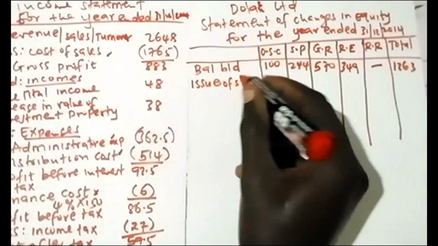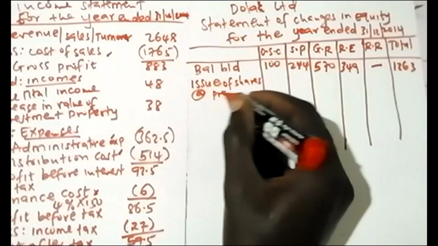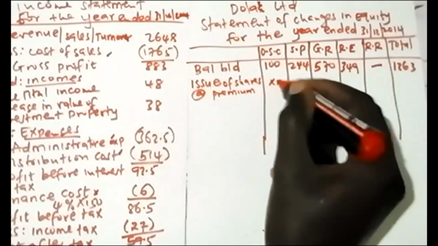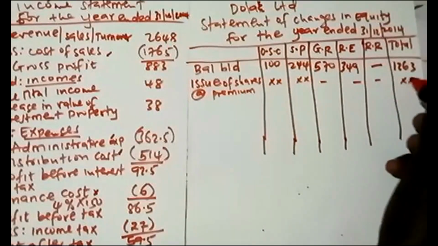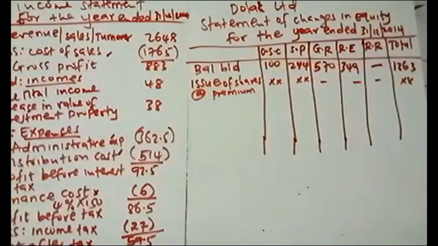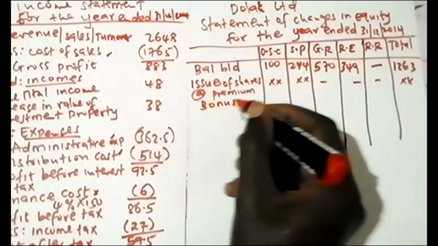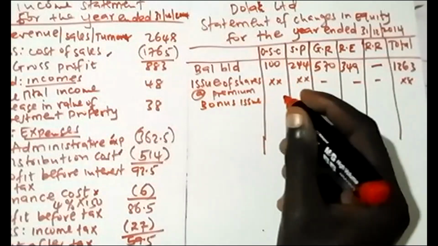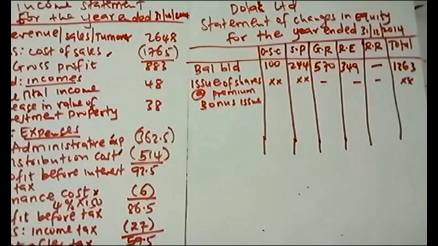Now I want to record the entire format the way it is. Was there an issue of shares? Sometimes it can be at a premium. There was no issue of shares, which could have affected those two and the total. The only thing there is a bonus issue, shares issued for free, capitalizing the general reserve.